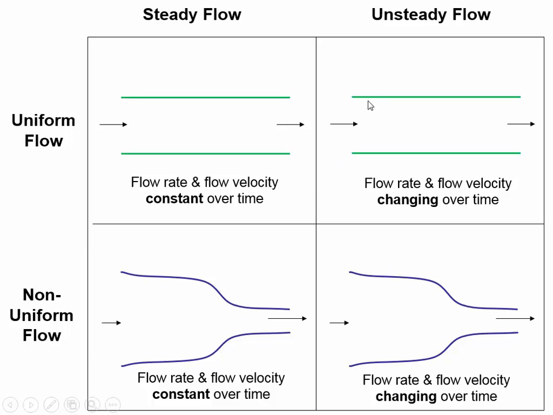But you can have unsteady, non-uniform flow. And that's pretty complicated, because what that means is that the velocity is changing both with respect to position but also over time. So imagine this valve here. It's a nozzle that maybe would be at the end of a fire hose so that the spray can get up into a building that's on fire.